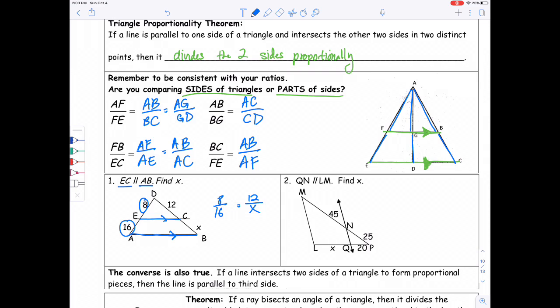So let's go ahead and cross multiply. 8x equals 12 times 16, which is 192, and we divide by 8 to get x equals 24. And the proportions, you can see that is pretty accurate. We have 8 to 16, so that's doubling. So if we double 12, we should get 24.